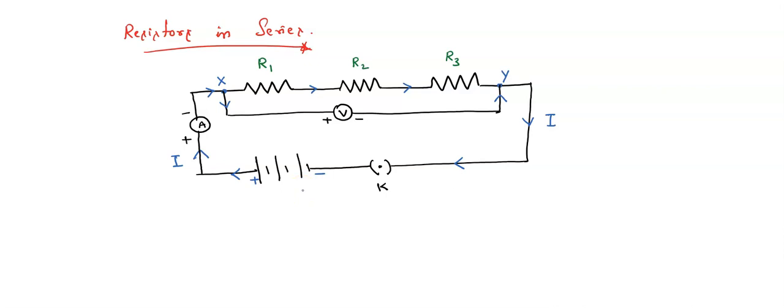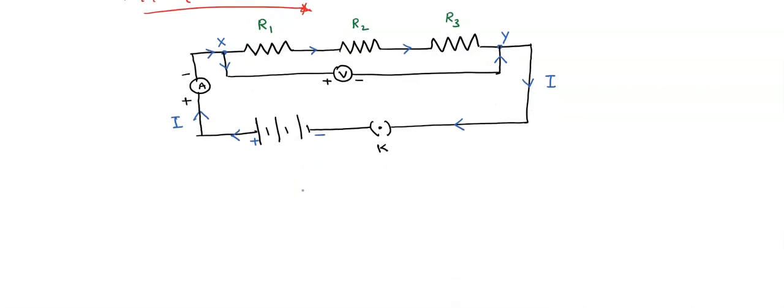I hope you have understood how the circuit diagram looks when the resistors are connected in series. Very good. Now let me discuss a few important points related to this, which are required for us to understand as well as to solve problems related to this.